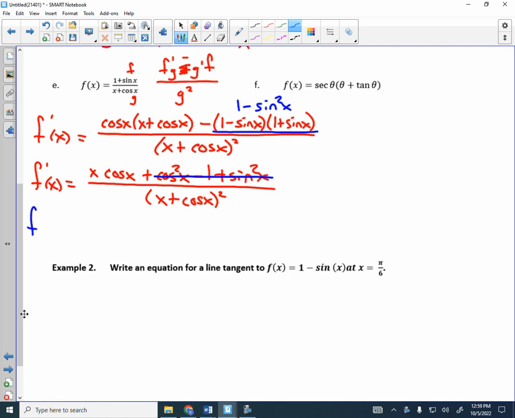And so therefore, f prime of x is equal to x cosine of x over x plus cosine of x, that quantity squared. We good?